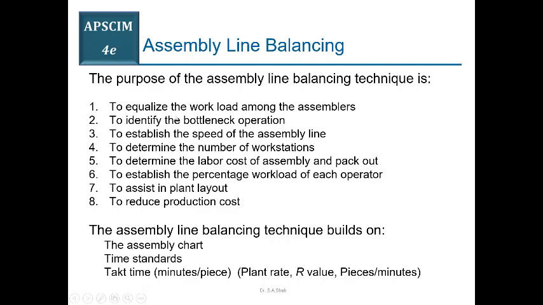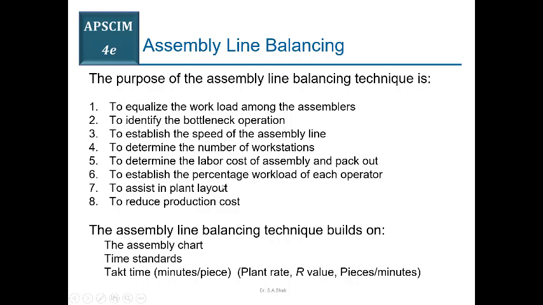So first you will have to identify the bottleneck operation, and then it will decide the speed of the assembly line. And when you come up with the speed, it means the cycle time. So if you have the cycle time, then you will be able to calculate the number of workstations, and then you will also be able to determine the labor cost of the assembly.